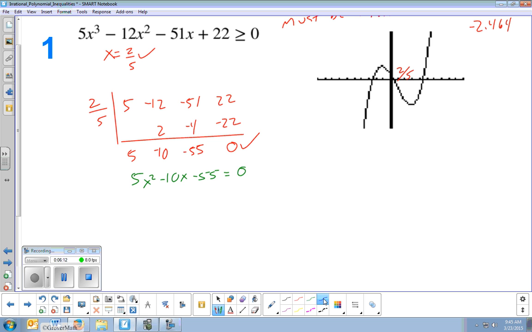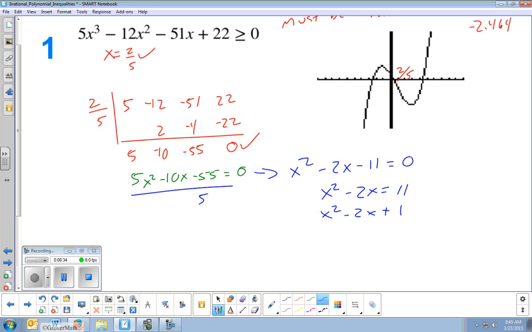And the first thing I'm going to do to complete the square is divide everything by 5, making it x squared minus 2x minus 11 equals 0. I move the constant over to the other side, and then I do my b divided by 2 squared on both sides. That's adding 1 on both sides, because 2 divided by 2 is 1, squared is 1.